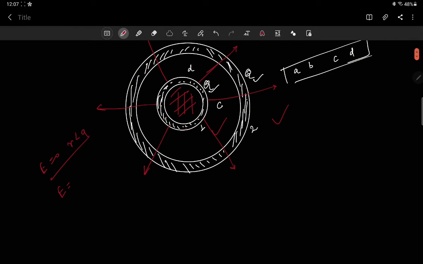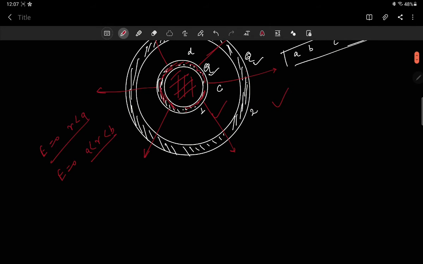The electric field also will be 0 in the region R greater than A but less than B. Why? Because this is a metal structure, and inside the metallic material the electric field is 0.